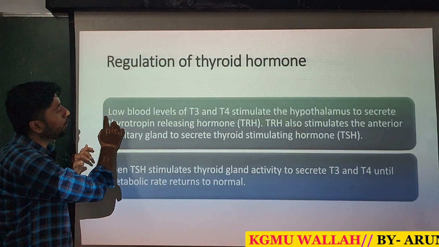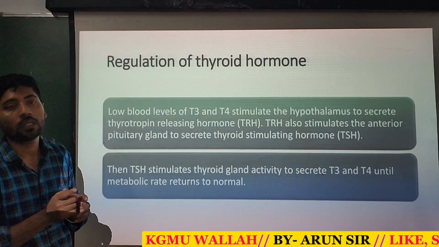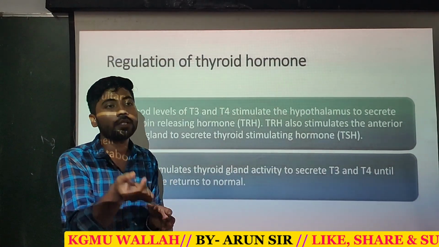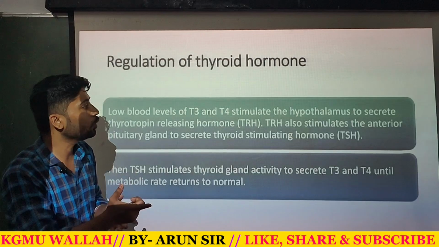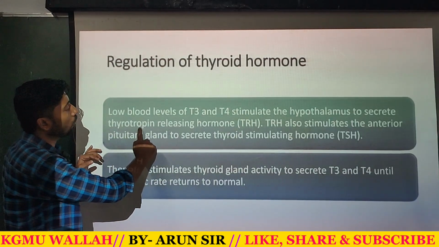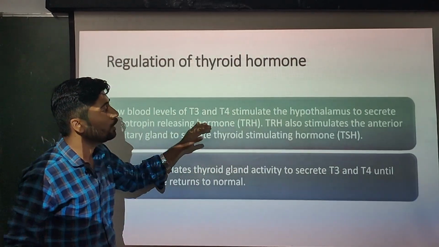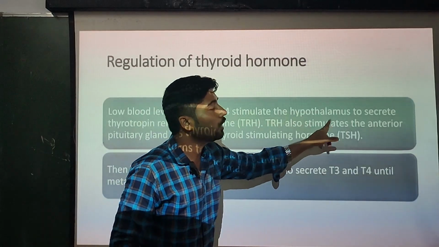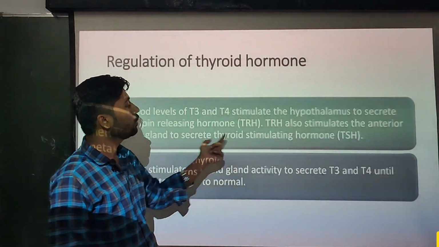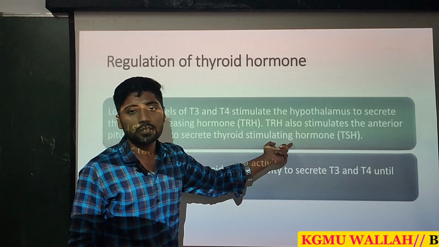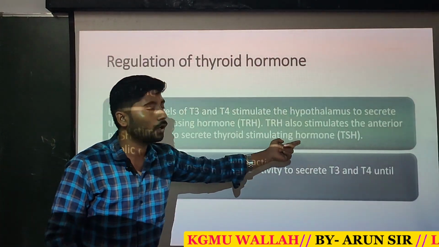Means that if your blood level of T3 and T4 is low, then it stimulates the hypothalamus to secrete the thyrotropin releasing hormone. Then this hormone stimulates your anterior pituitary gland, and after that it secretes which hormone? TSH, that is thyroid stimulating hormone.